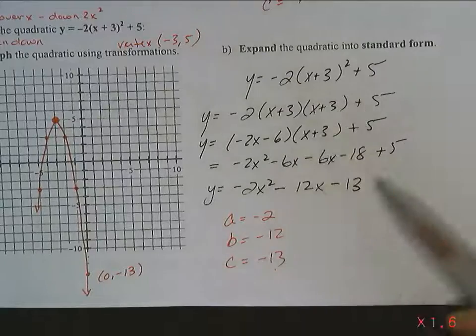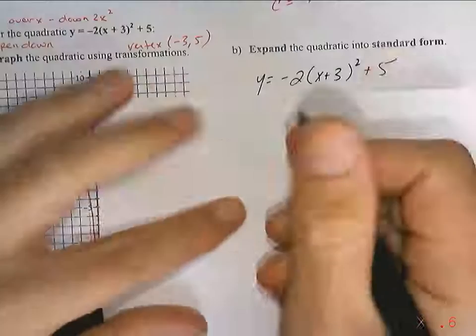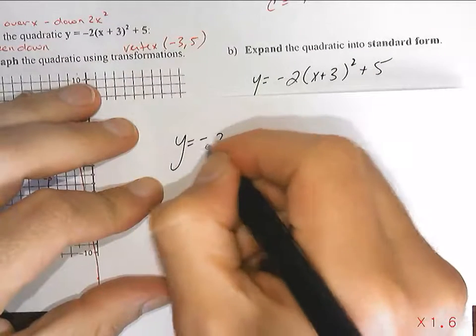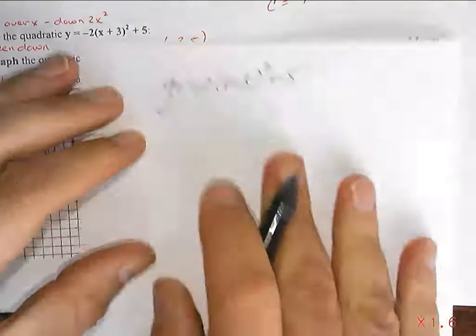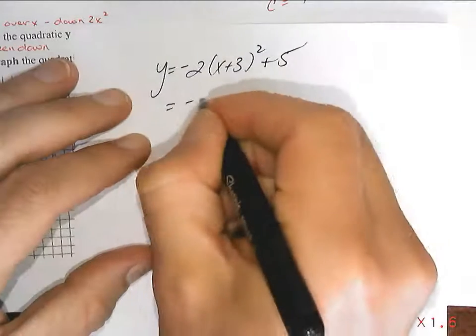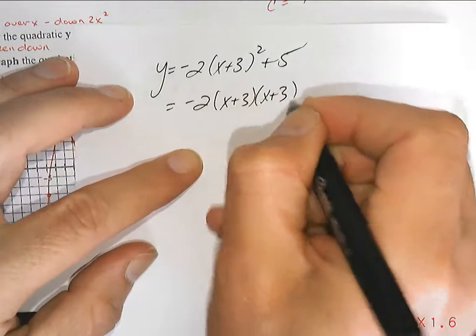Now, the other way to expand this, just so that I'm sure that I've taught you everything that you need to know, is to do the following. y equals negative 2 (x plus 3) squared plus 5. So you would do negative 2 (x plus 3)(x plus 3) plus 5.